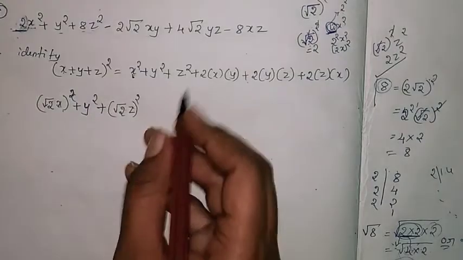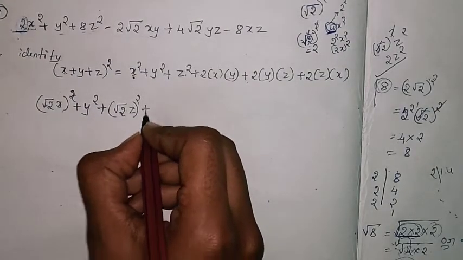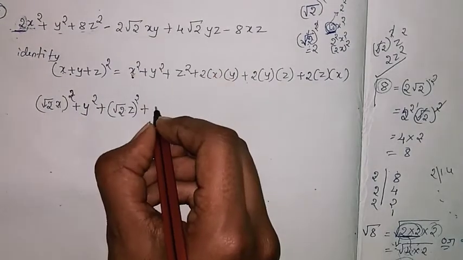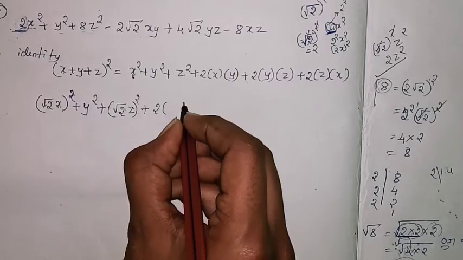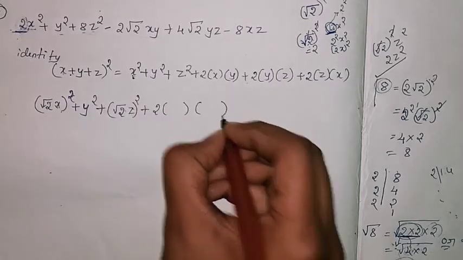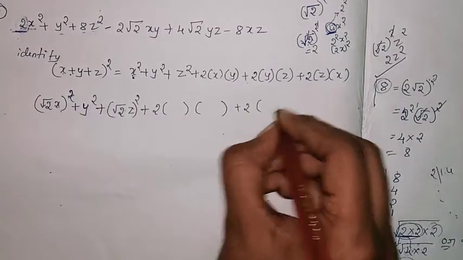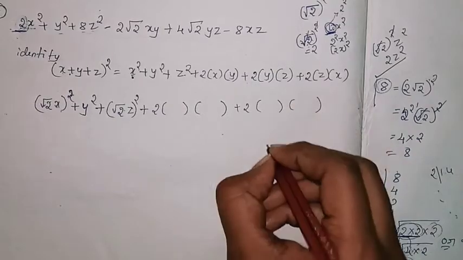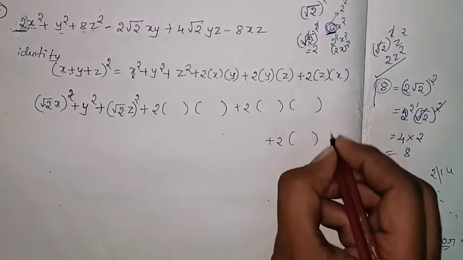Now this is the z square plus of 2 into x, 2 brackets will be there and plus 2 brackets will be there and plus 2 brackets will be there.